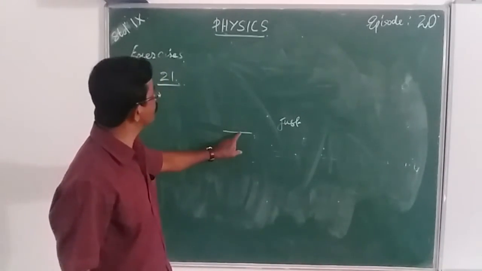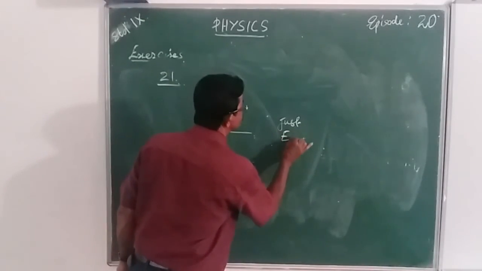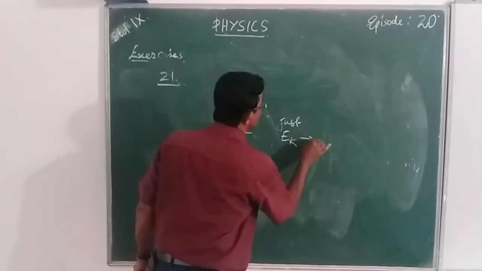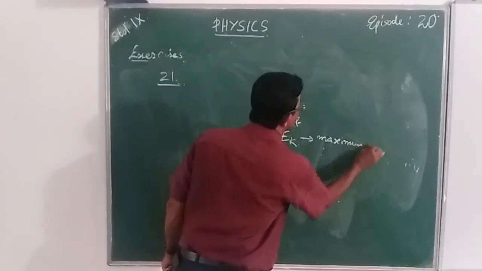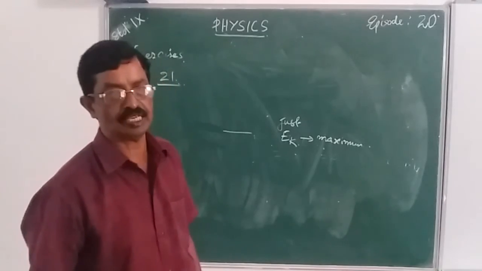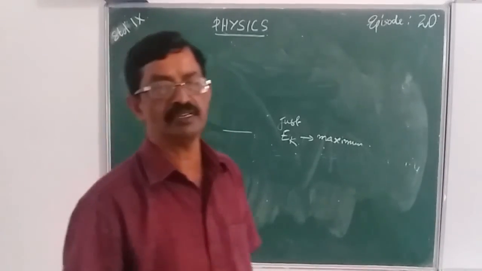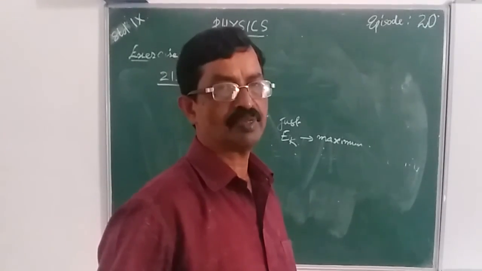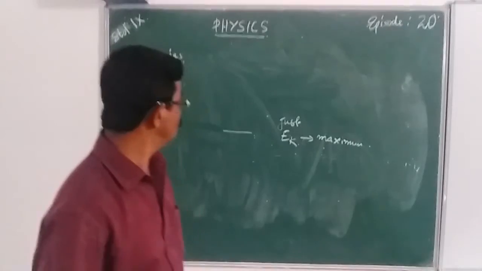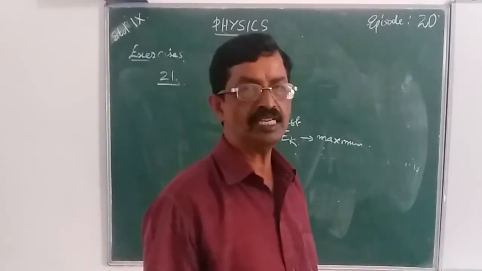When the height is 0, its kinetic energy becomes a maximum, and there is no potential energy. When it strikes the ground, after that there is no kinetic energy. Then what happens to that kinetic energy? That is the question here.